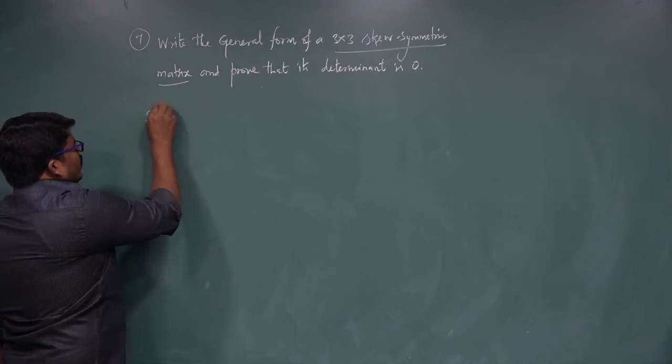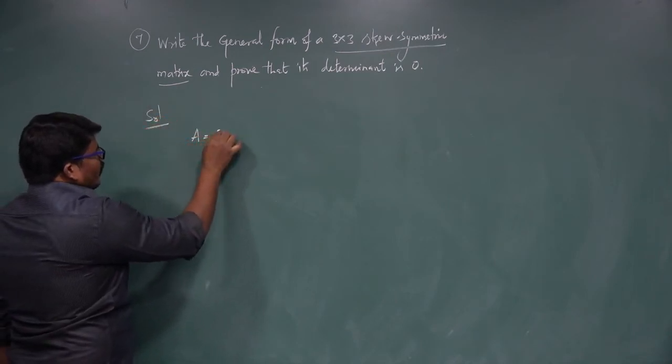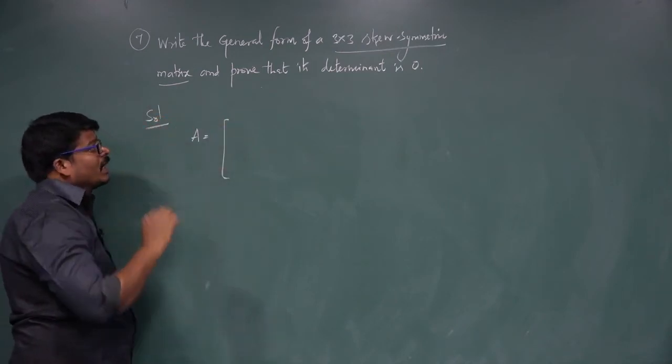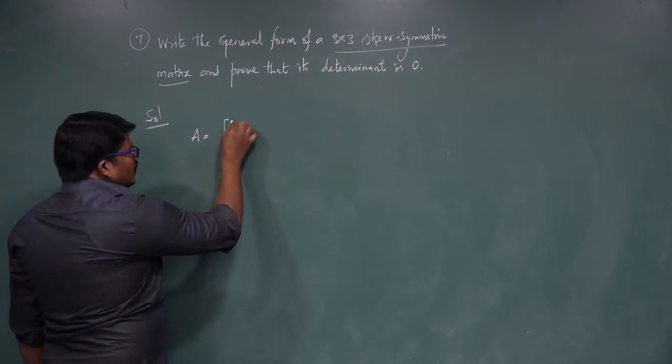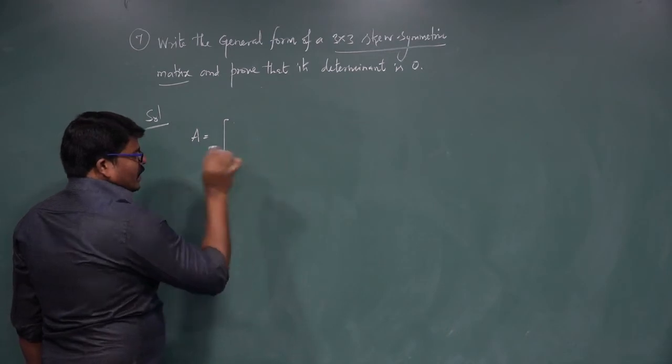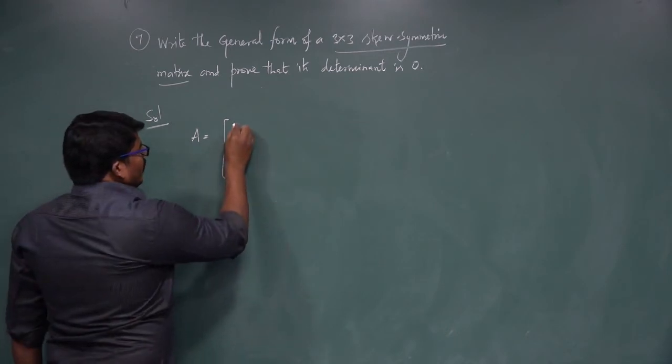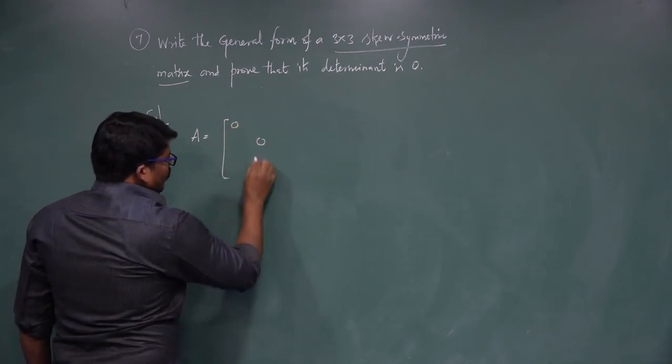The general form of a skew symmetric matrix of order 3 by 3 is the matrix A, where the diagonal values are 0.